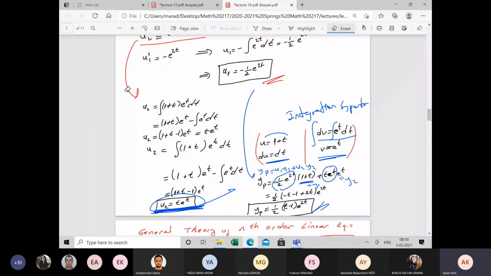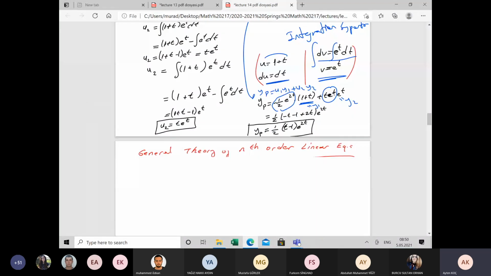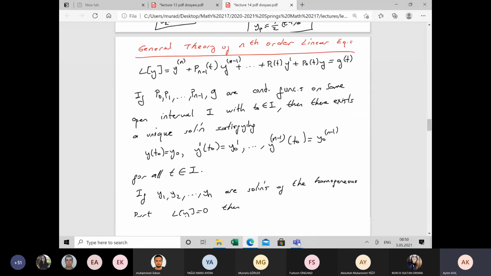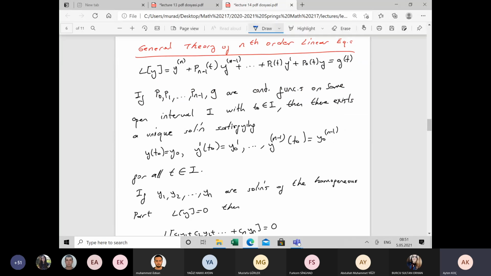Let's come back here. We know from the last lecture the nth order linear differential equation, non-homogeneous with g of t, where L is a linear operator and L of y equals g of t.